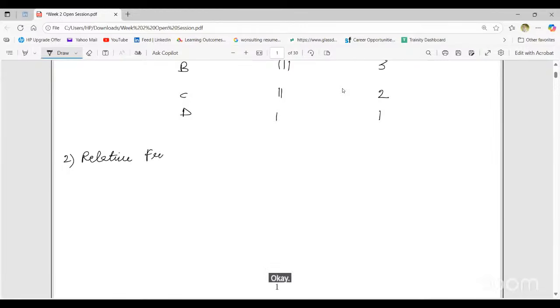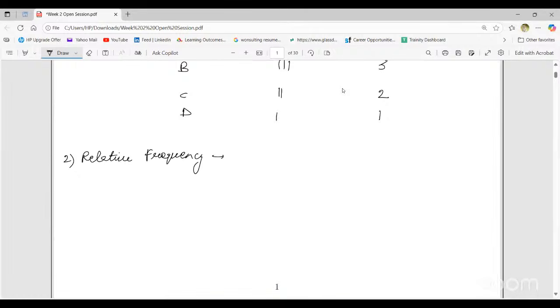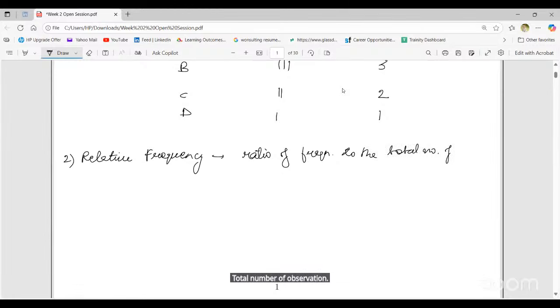Okay then. Next comes the relative frequency. What do you mean by relative frequency? The frequency divided by the total number of observations. Correct. It is basically the ratio of frequency to the total number of observations, or you can say the sum of frequencies.